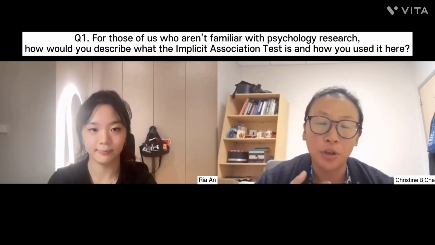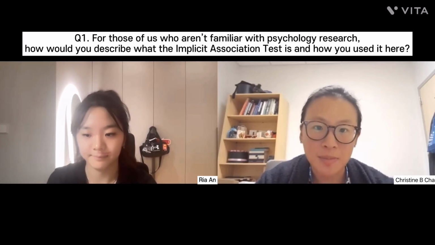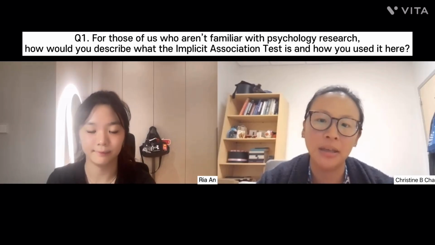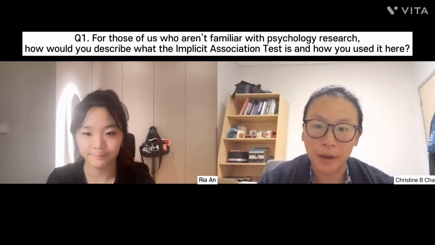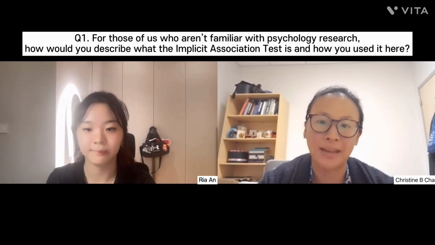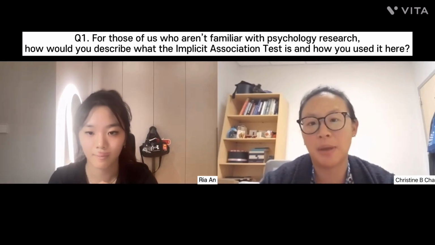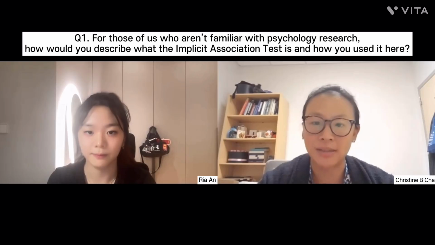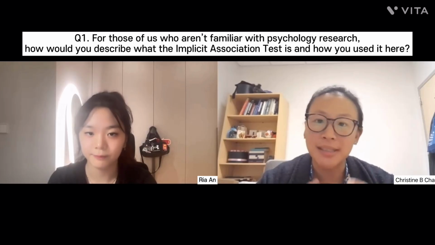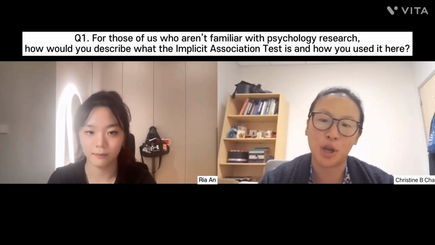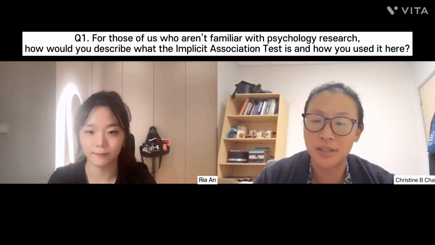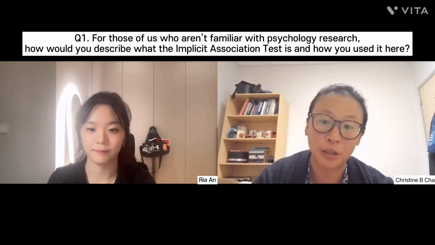If you've ever heard the term implicit biases before, they come from this original design of the IAT, which was created about 25 years ago by social psychologists. Originally, it was designed to pick up on implicit biases about race, for instance, or sex, etc. So it's the same task as 25 years ago, but now adapted to different concepts that clinical psychologists and mental health researchers like myself are interested in.